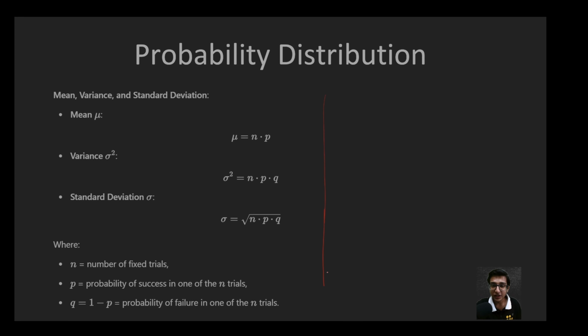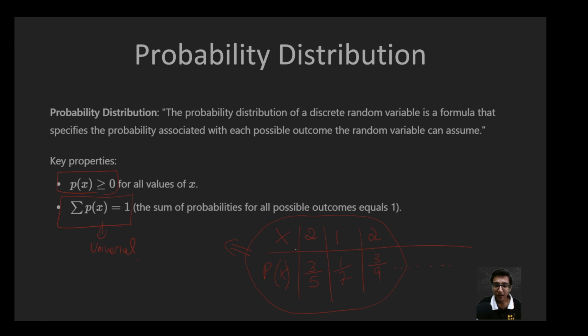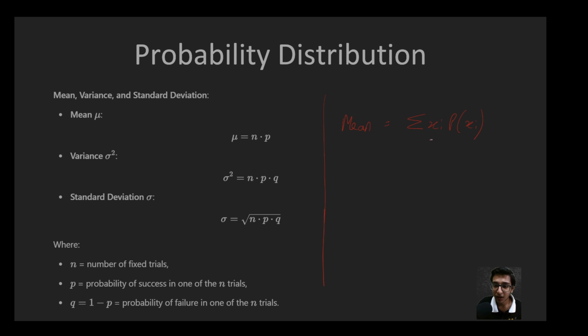Instead of these formulas, for mean, the main formula that you must remember is sigma xi p(xi). xi is my random variable and p(xi) is the probability that I get corresponding to that random variable. So here, if I have to find out the mean for this table, it is going to be 2 into 3 by 5 plus 1 into 1 by 7 plus 2 into 3 by 9. So that is how mean is calculated.